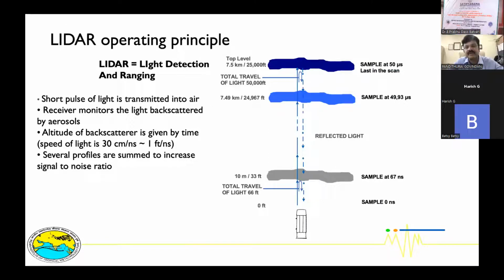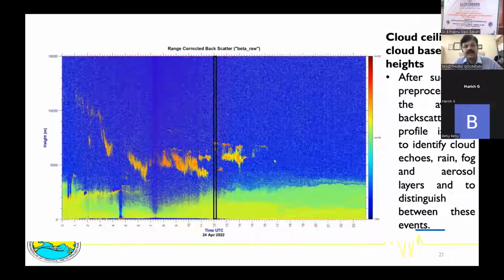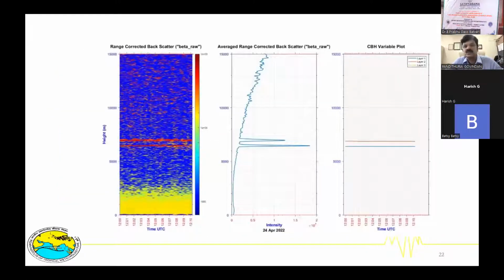I don't have to go into it because people have been listening to the LIDAR principle for the last 2 days. So this is how the cloud base heights, cloud boundaries, aerosol layers and boundary layer heights were derived. This is one example to show how the range corrected scattering coefficients could be used to understand the cloud base heights, the cloud depth and the boundary layer heights. So this is just one example.